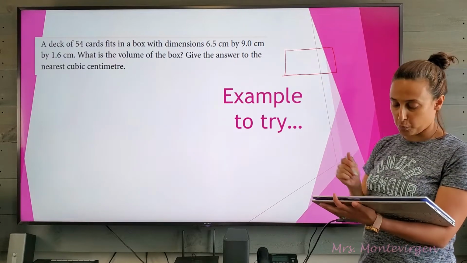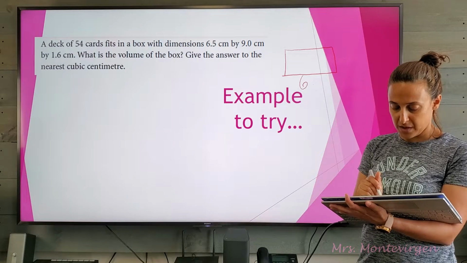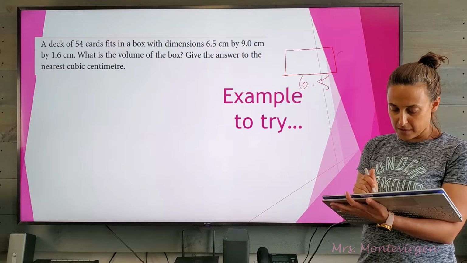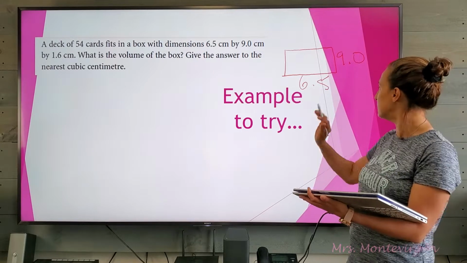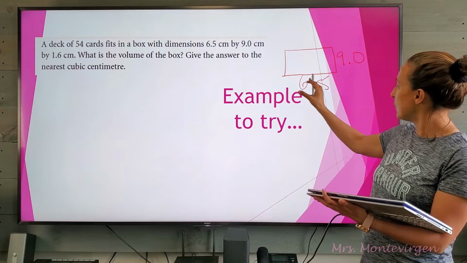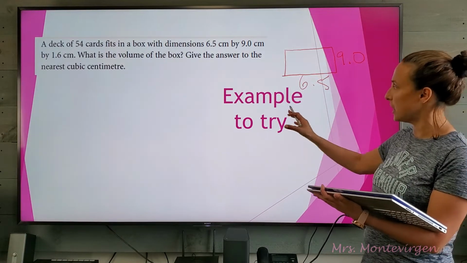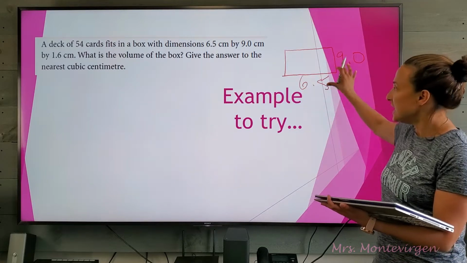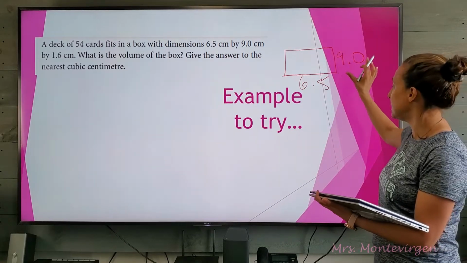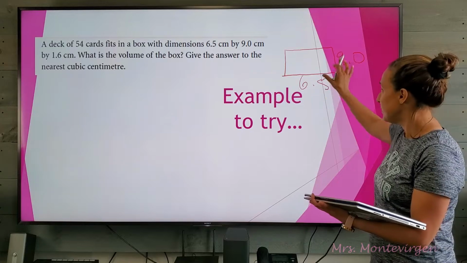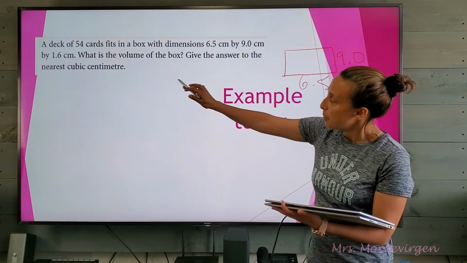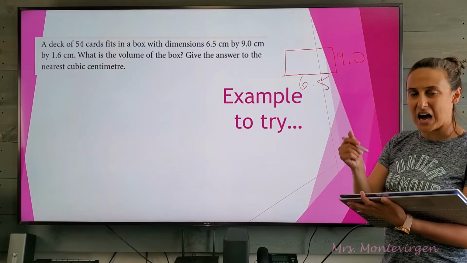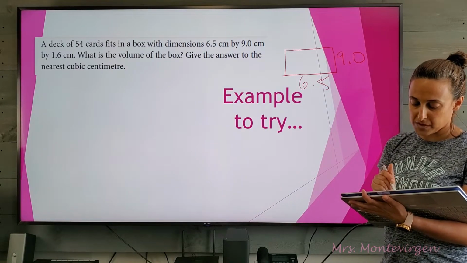If I have a simple rectangle, I'm going to put 6 5/10 and multiply that by 9. My drawings are not to scale, and that's not the issue. The issue is I want to be able to see exactly what I'm talking about. So 6 5/10 by 9 centimeters are the numbers you're going to use to calculate the area of that rectangle. We've got that. But you have 1 6/10. The way to think about that is as the height of your diagram.